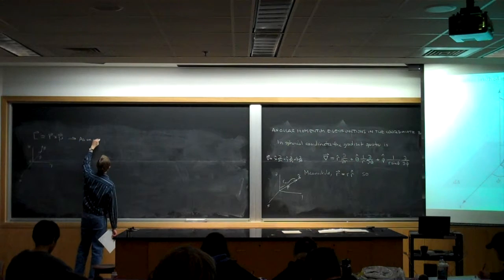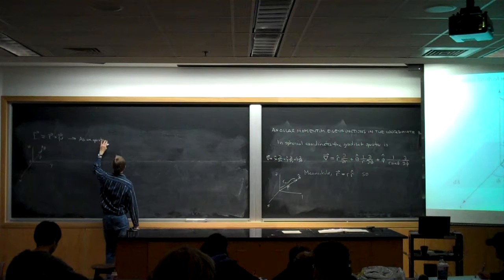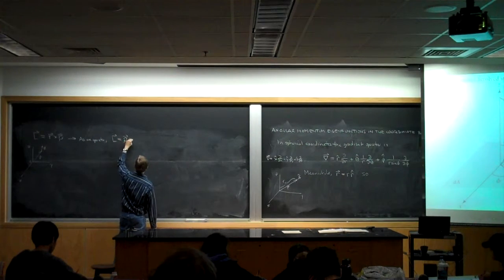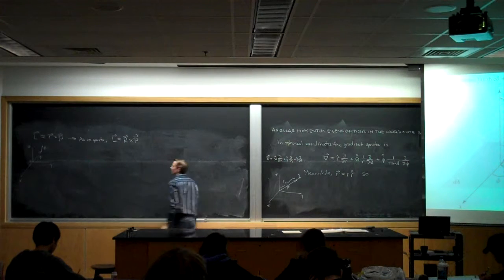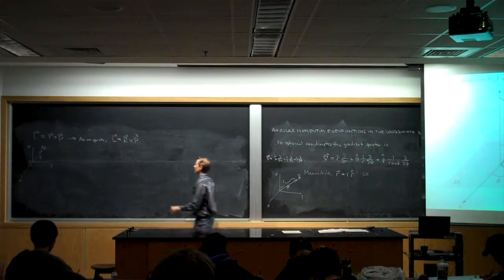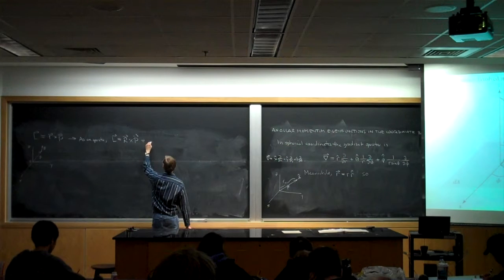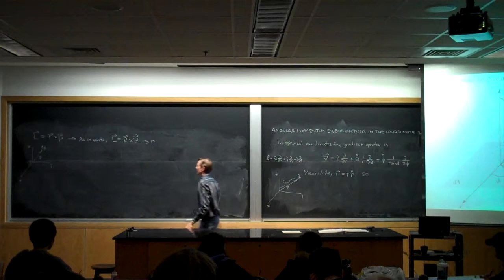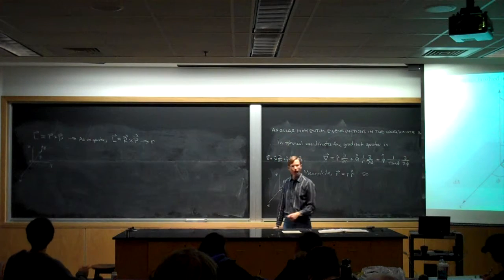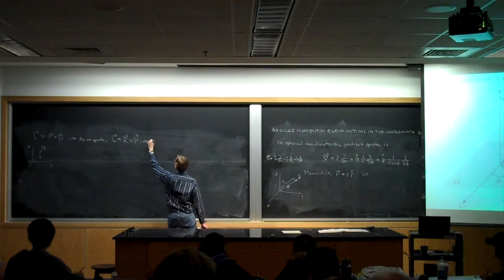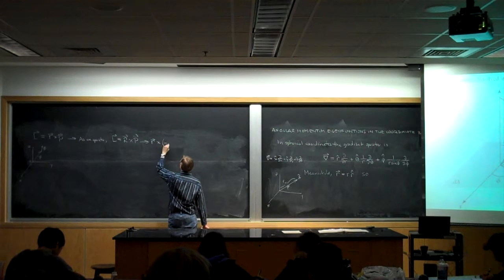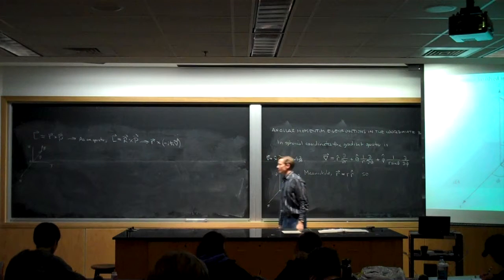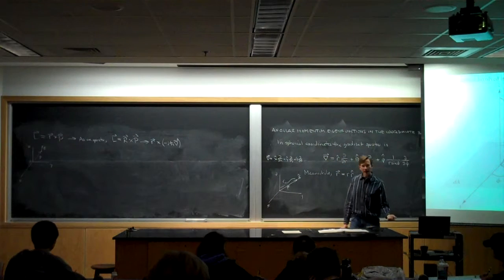As an operator, L is the operator representing position cross the operator representing momentum, or in other words, in the coordinate basis, r cross minus i h bar grad, because in the coordinate basis, minus i h bar gradient operator is the momentum operator.